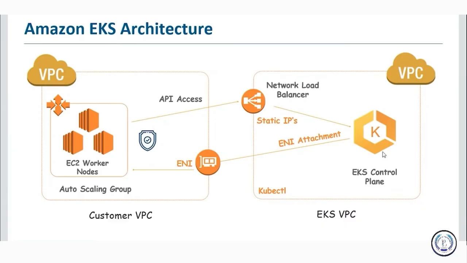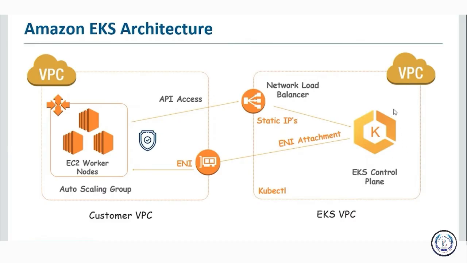So if your Kubernetes cluster wants to interact with EC2 nodes or the applications running on these worker nodes, then it'll use this Elastic Network Interface to do so. Similarly, if your applications or worker nodes want to interact with the cluster, then they'll be using a network load balancer here.